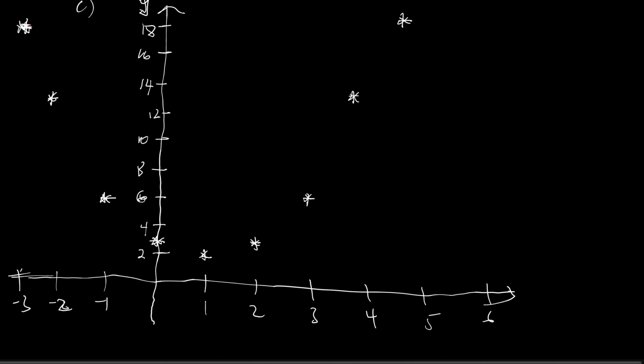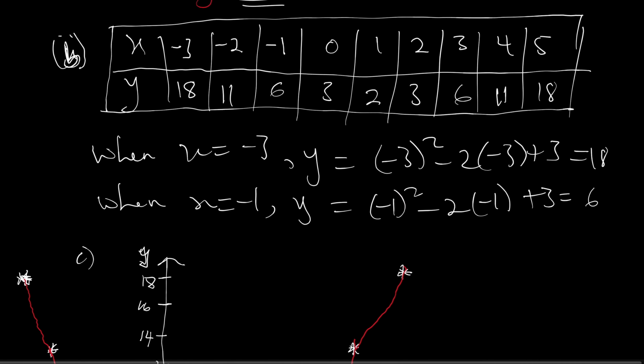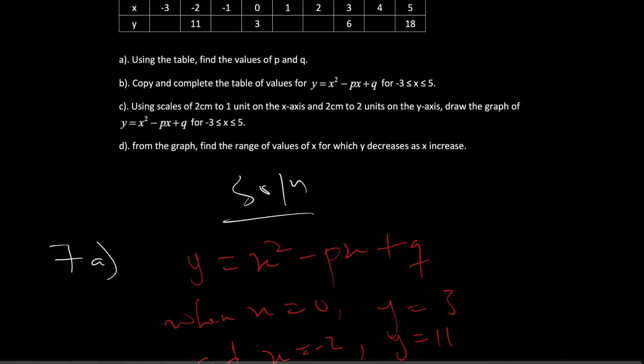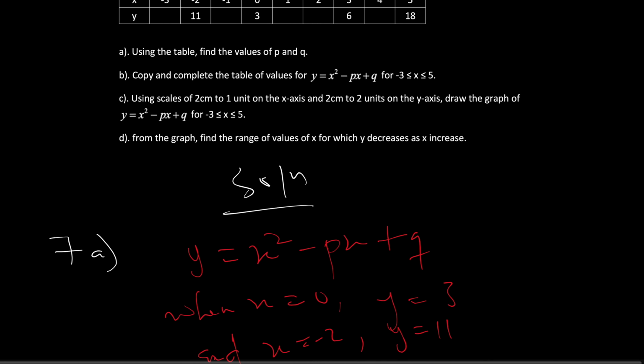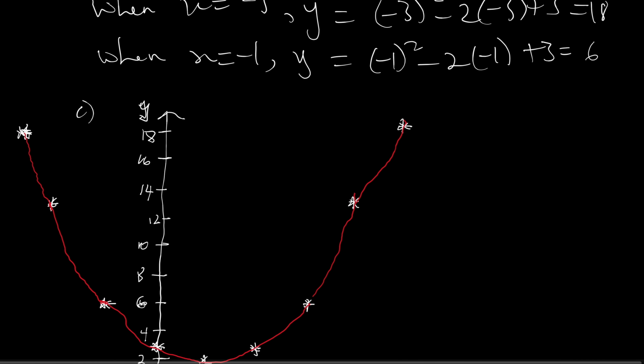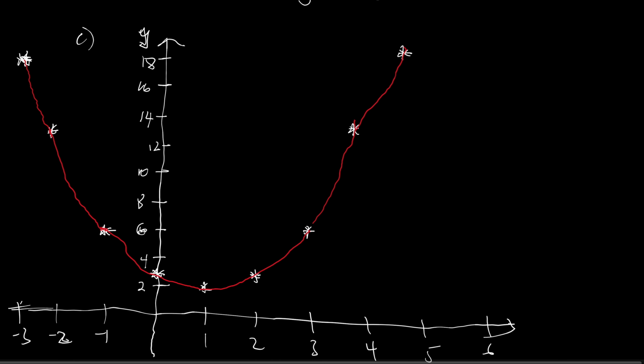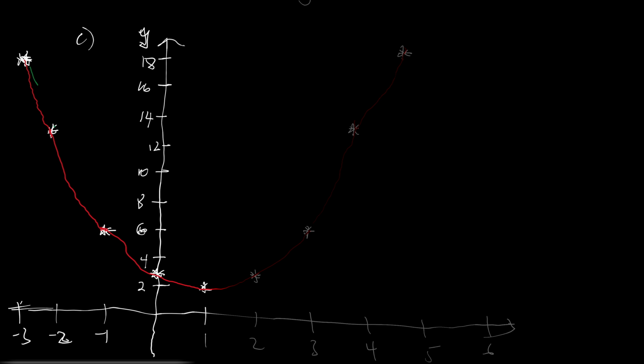So when we draw a curve, you should get something like this, right? So this is for the C part. Now D says, from the graph, find the range of values of x for which y decreases as x increases. So we know that y decreases from this side to this side.